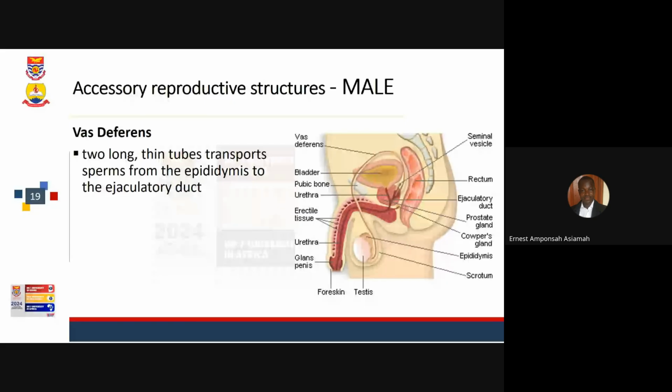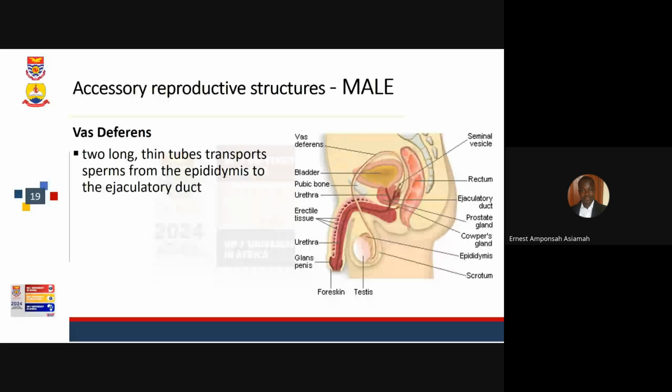Within the seminiferous tubules, when the sperms are produced, they have to be stored. Sperm are stored there for as long as about 6 weeks while they ripen to maturity.